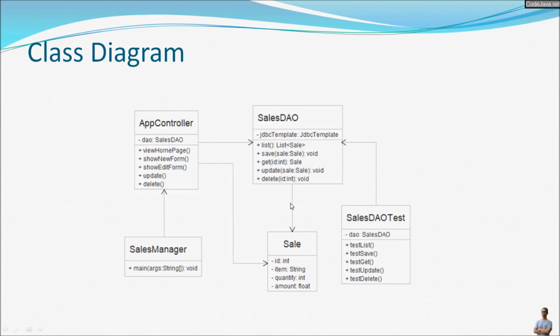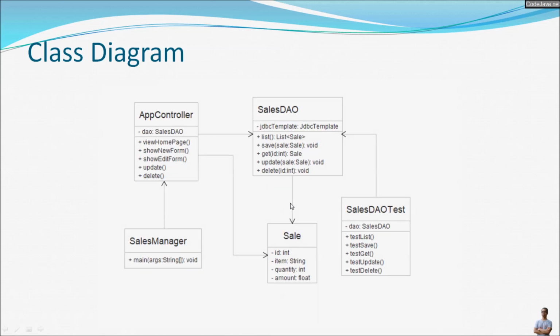Next, before writing code, let's review the diagram of the classes which we are going to write in our project. First is a domain model class Sale that represents a sale object, a row in the database with fields ID, item, quantity, and amount.